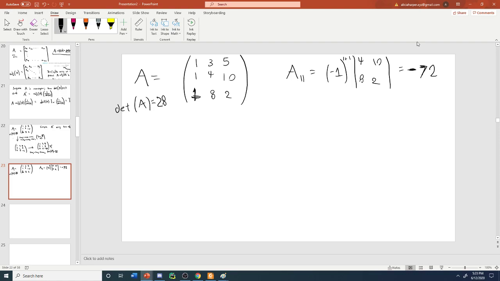And then I have to compute A12. This will be negative 1 to the 1 plus 2 times the determinant of this minor.